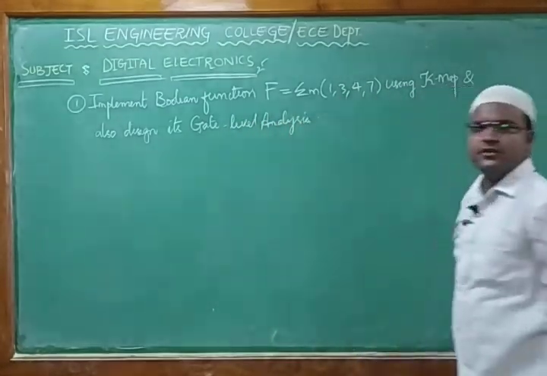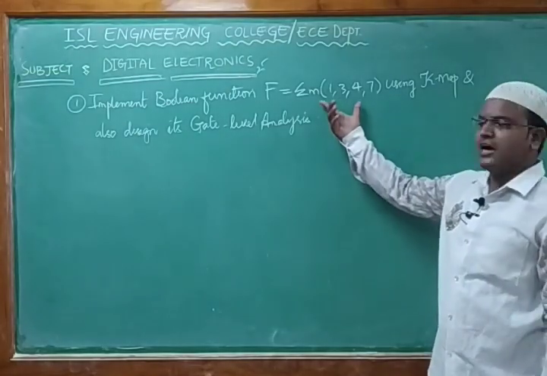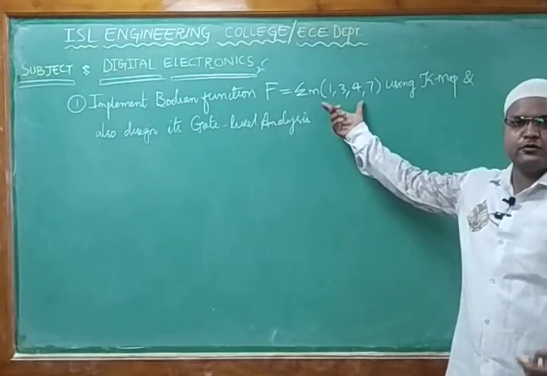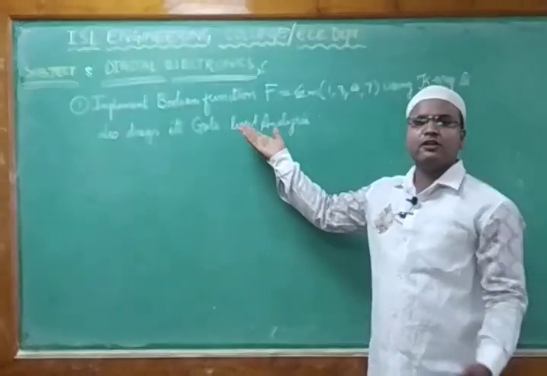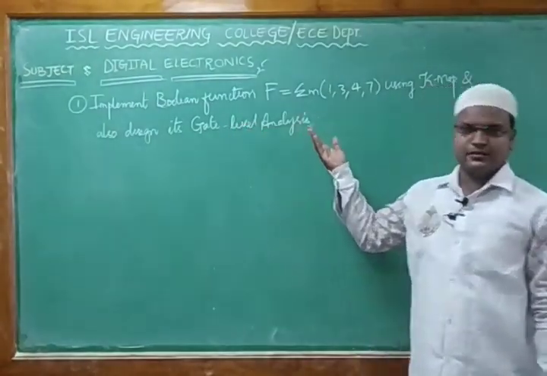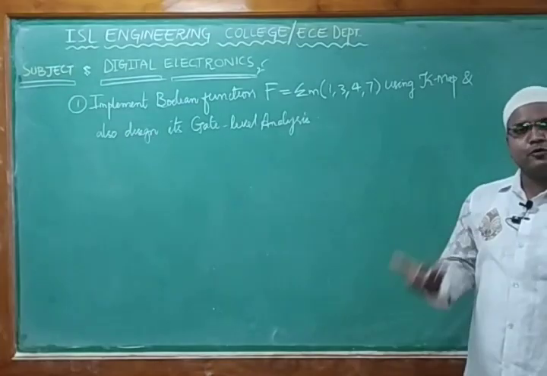So the question is, we have the function, and we need to implement it using the K-map and also design it using logic gates, that is gate level analysis or gate level designing. Both have the same meaning.